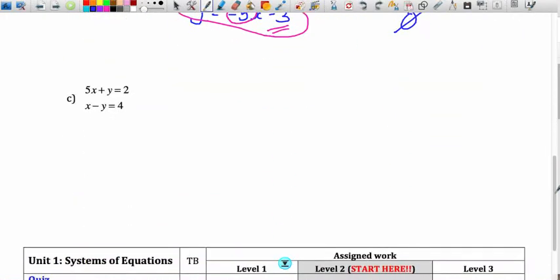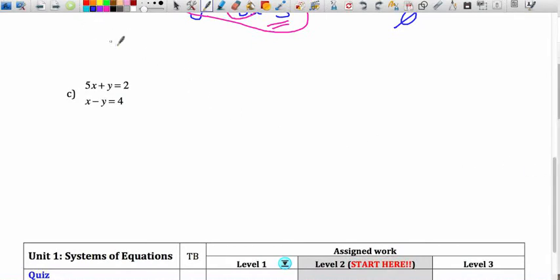Okay, third time, and we'll just do the third example to show you the third possibility. The procedure starts the same. I'll subtract 5x from both sides because I want to get these in y equals mx plus b form. In this case I'm going to have y is equal to minus 5x plus 2.